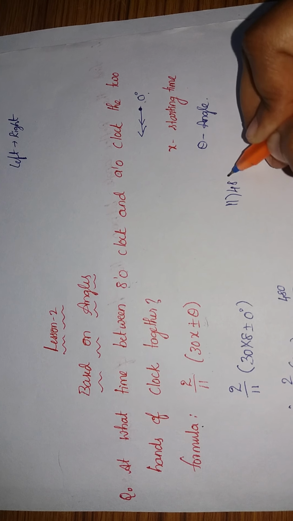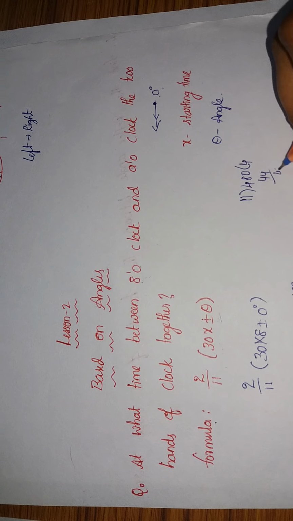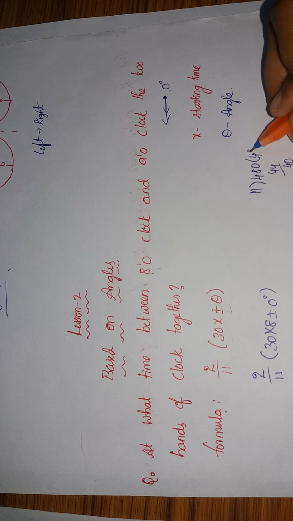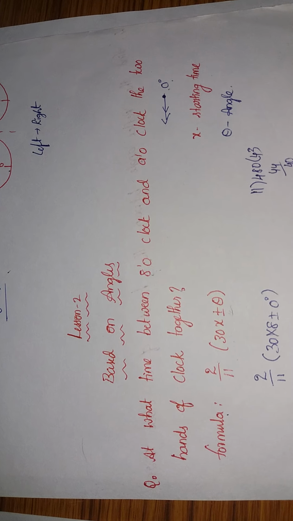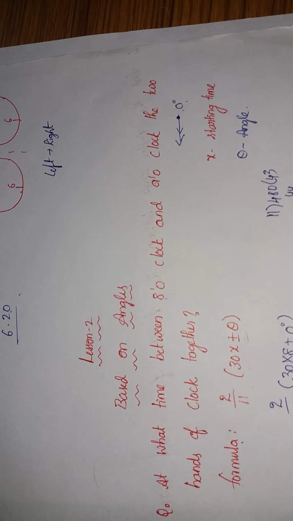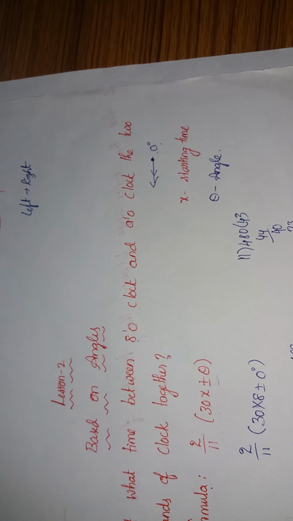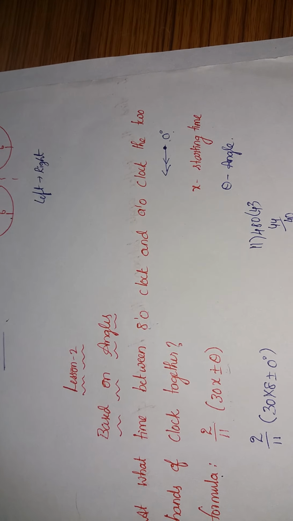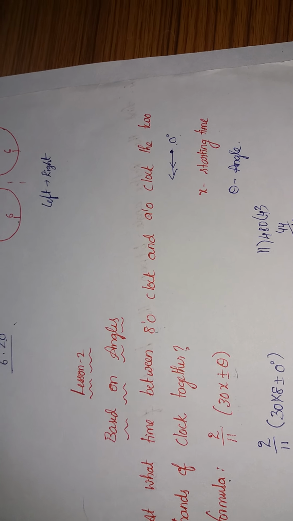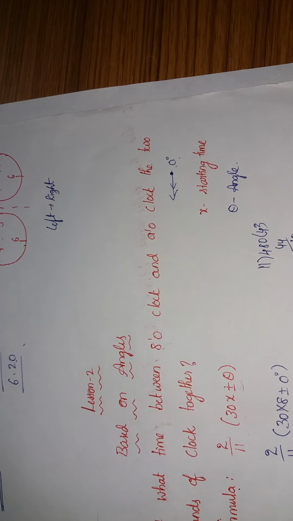So 480 by 11 means 11 fours are 44, 48 minus 44 is 4, then 11 threes are 33, 40 minus 33 is 7. So it is written as 43 7 by 11.